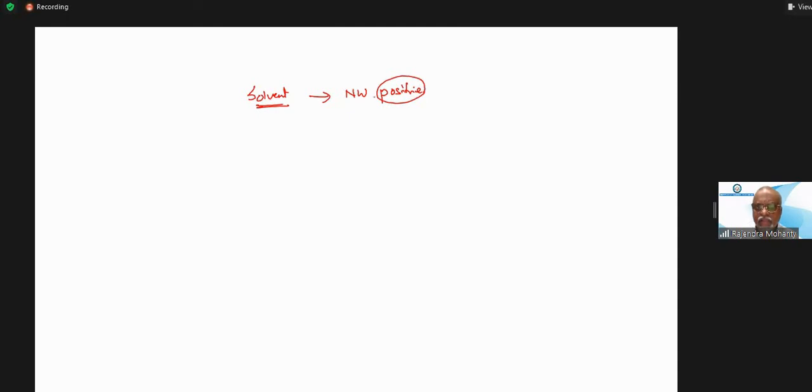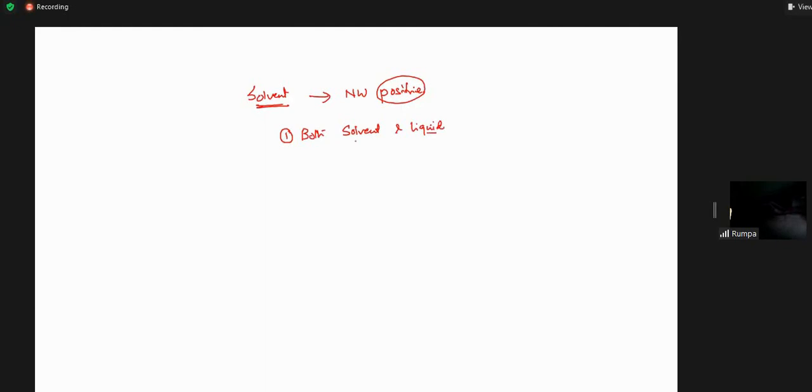Okay. So if you relate this solvent thing with liquidity, at any point of time, you can say that a bank can be both solvent and liquid. So both solvency is there, liquidity is there.